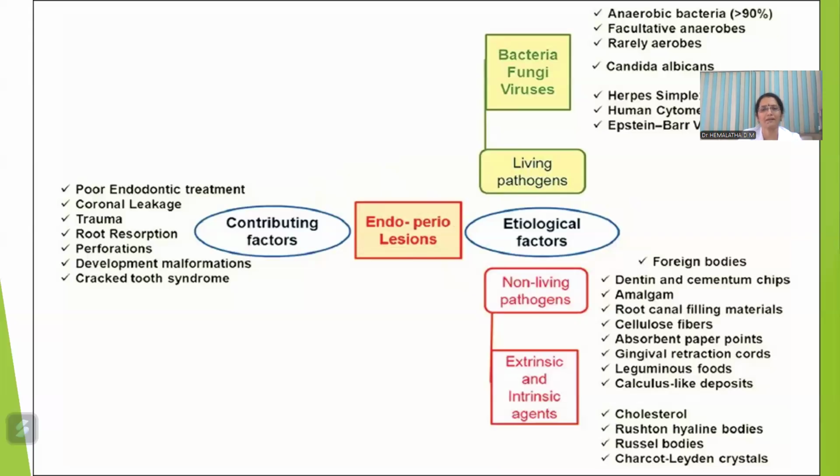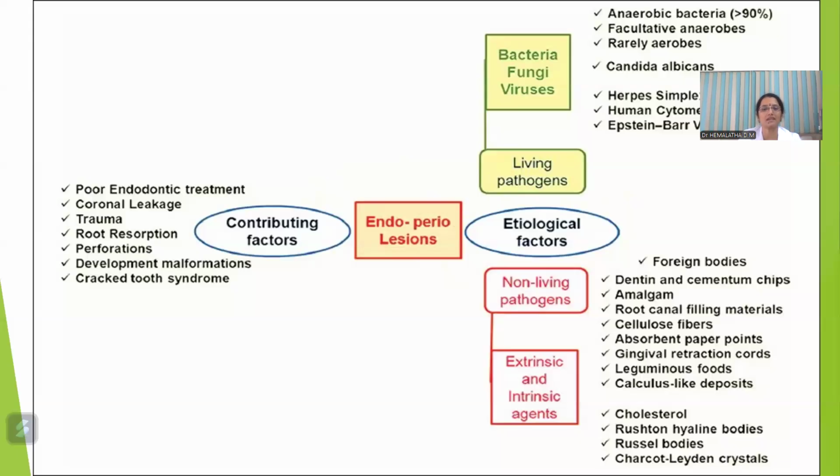Coming on to the non-living pathogens, we have foreign bodies, dentin and cementum chips, amalgam, root canal filling materials, cellulose fibers, absorbent paper points which have been used during your treatment procedures, gingival retraction cords, leguminous food, and calculus-like deposits. In extrinsic and intrinsic agents, we have all these things.